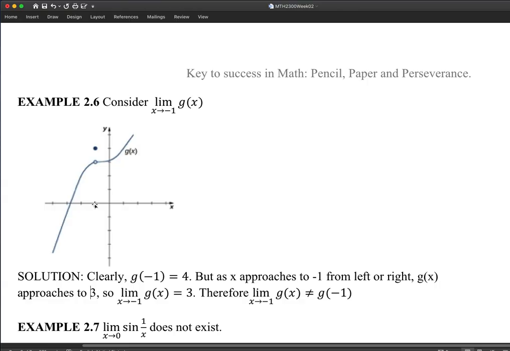Certainly, you will see many times the limit does match the function value at the point, and that would be covered in another section about continuity of a function. Any questions? How we observe a limit from the graph?